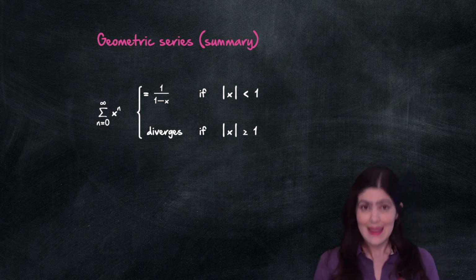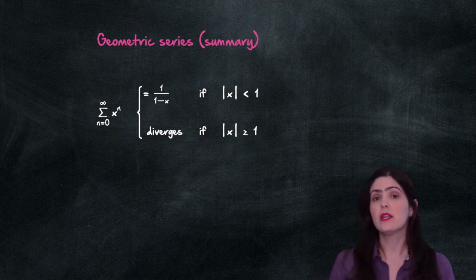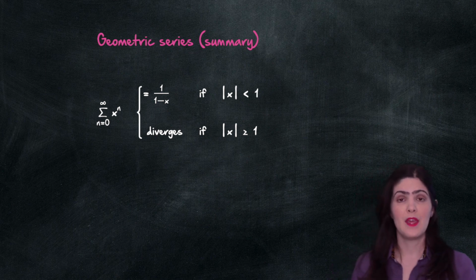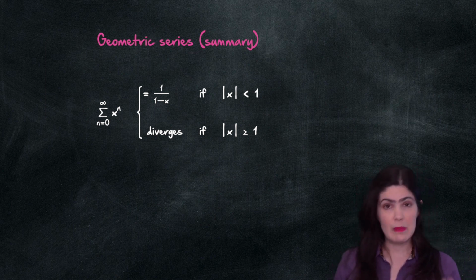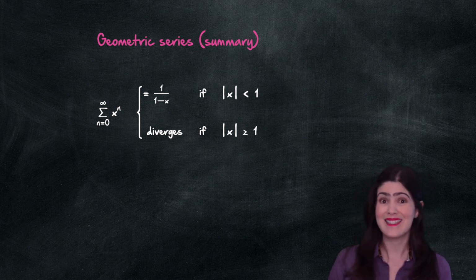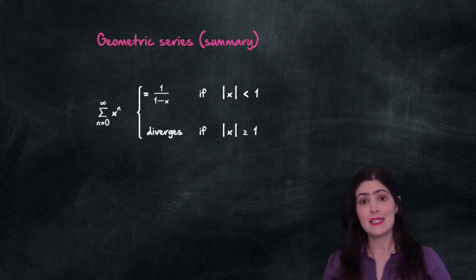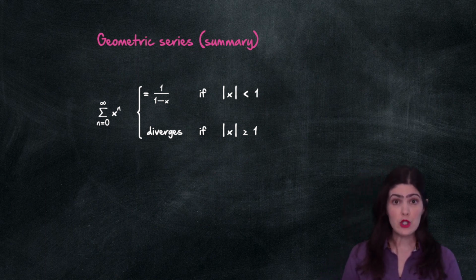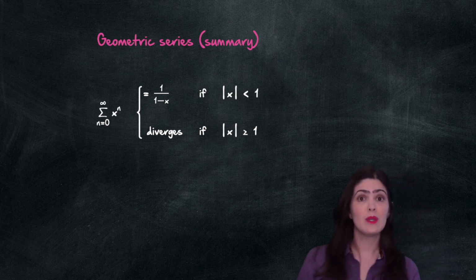And this series diverges when the absolute value is greater than or equal to 1. That is, if x is bigger than 1, diverges. x equal to 1, diverges. x equal to negative 1, diverges. x less than negative 1, diverges. So the only case when the geometric series converges is when x is strictly between negative 1 and 1.